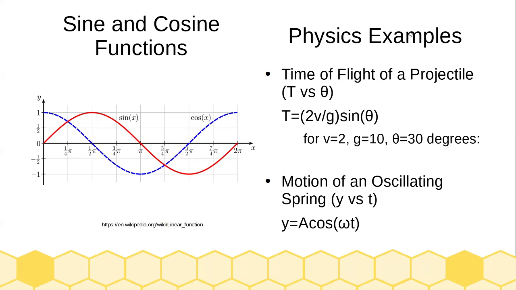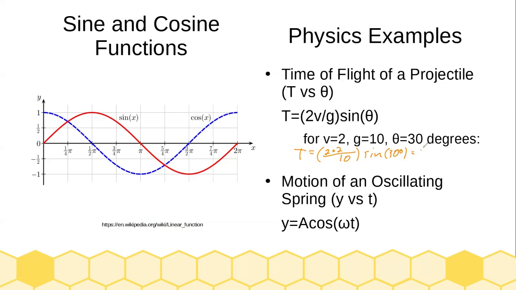So, for example, you have the time of flight of a projectile, t equals 2v over g times sine theta, where v equals 2, g equals 10, and theta equals 30 degrees. So this time of flight is going to be equal to 2 times 2 over 10 times sine of 30 degrees.